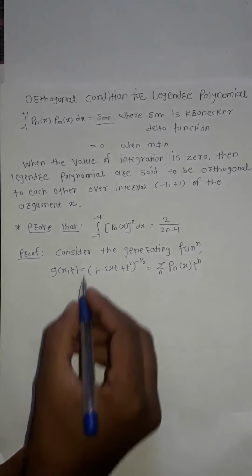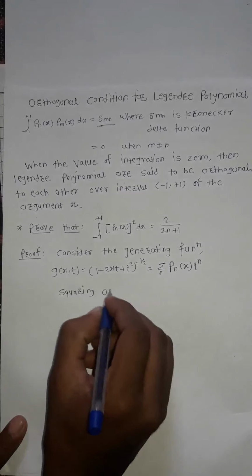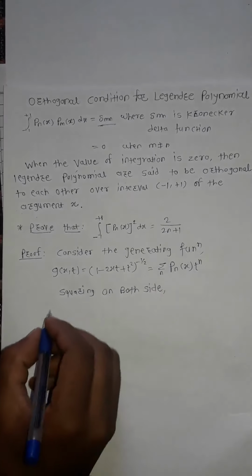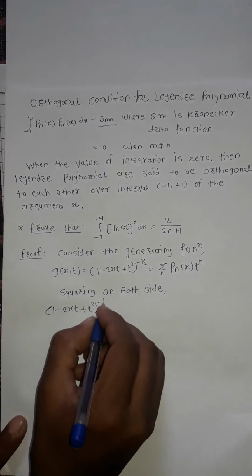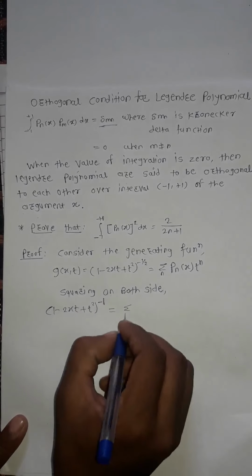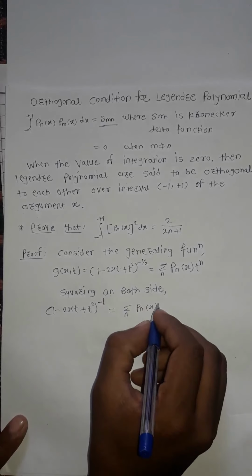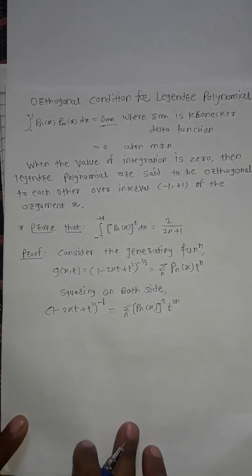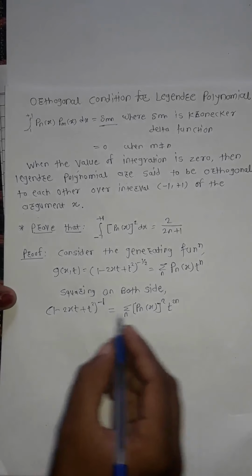Now squaring on both sides of this equation, 1 minus 2xt plus t square raised to minus 1 is equal to summation over n Pn of x square into t raised to 2n.